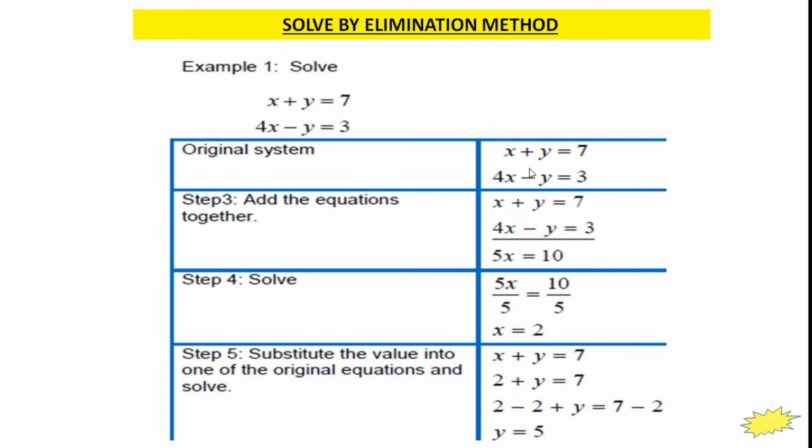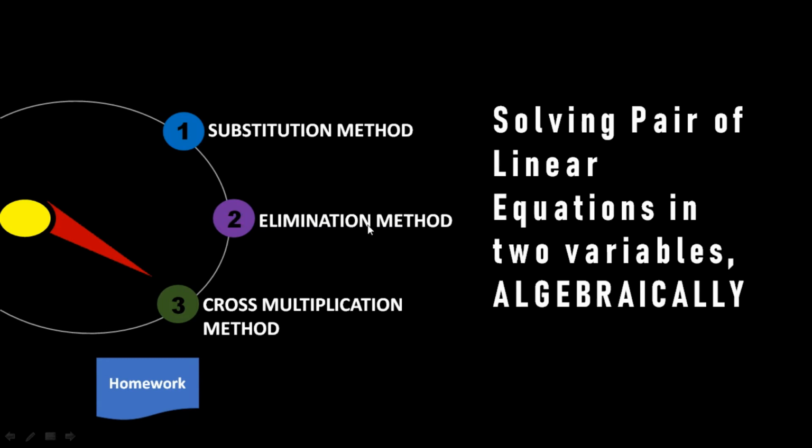However, if these were plus y and plus y, in that case, we are going to subtract this equation from this equation so that y gets eliminated. So the keyword over here is elimination. That means we eliminate one variable from the system. Substitution means we substitute one variable from one equation into another. Elimination means that we eliminate one variable from the system.